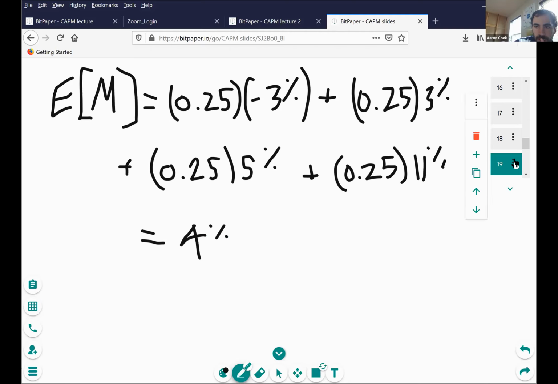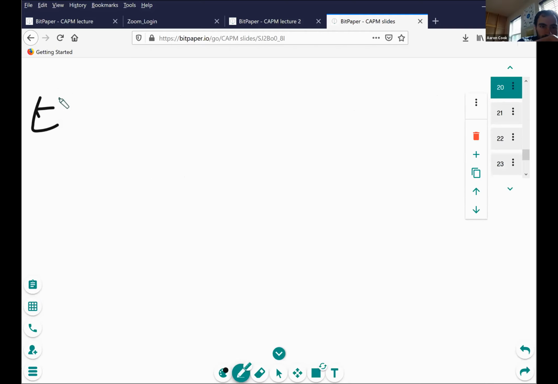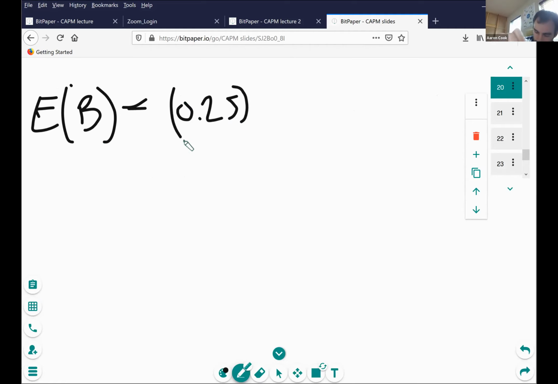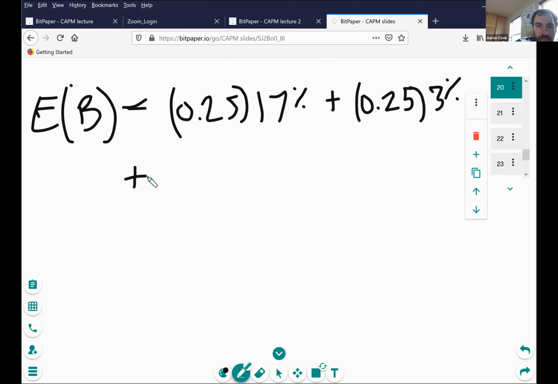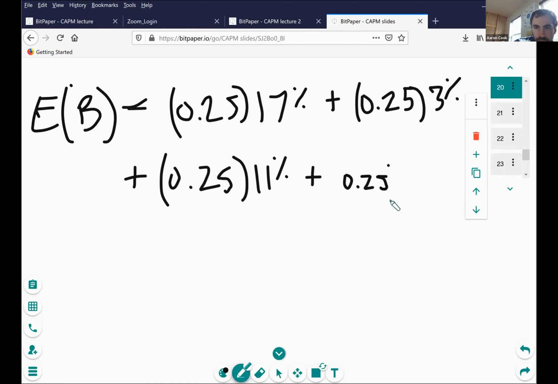We can do the same thing with the expected return on B. In that case, we have 0.25 times 17% plus 0.25 times 3% plus 0.25 times 11% plus 0.25 times negative 7%.